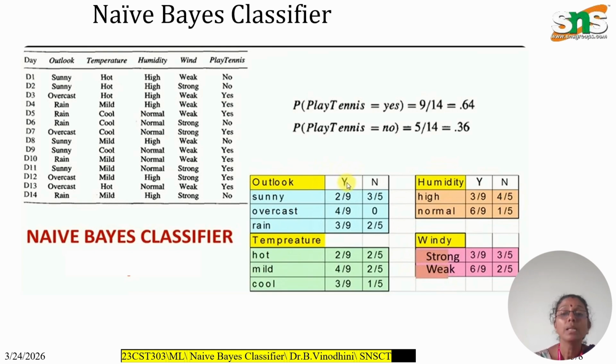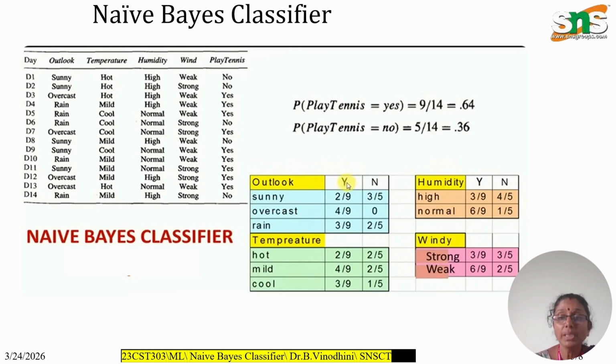So the first table shows, for the feature outlook, the three values sunny, overcast, and rain, and the occurrences of yes and no. We do the same for temperature, which has the values hot, mild, and cold. Next is humidity, which has two values, high and normal, and we calculate the probability of yes and no for each.